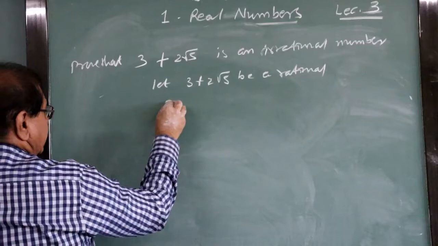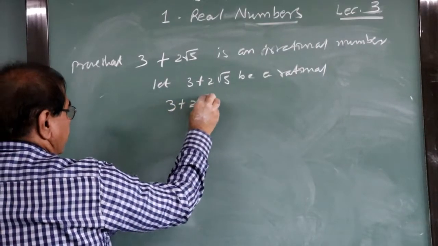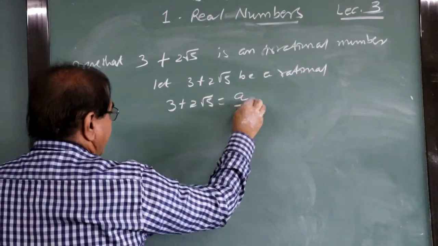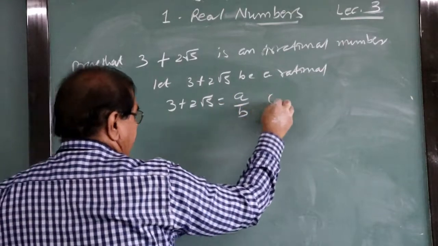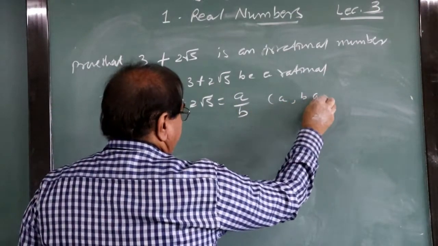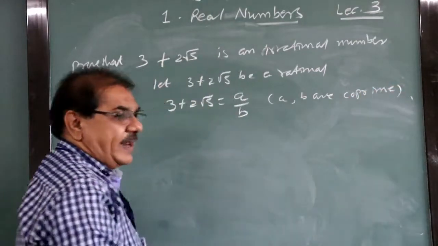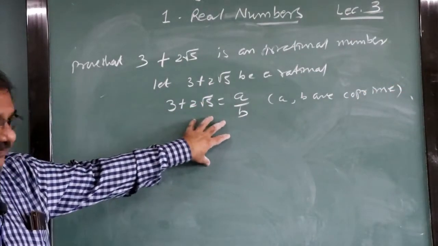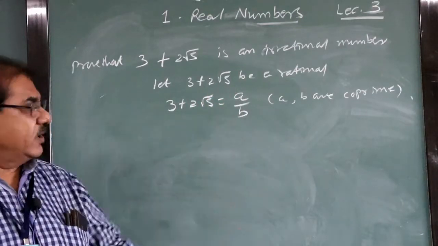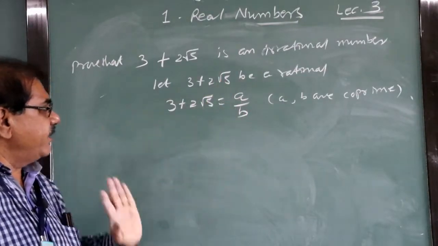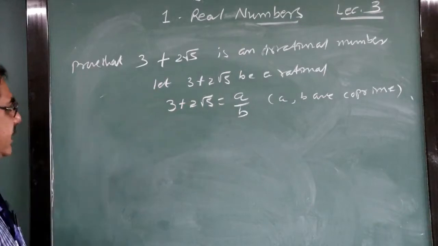That means 3 plus 2 root 5 is equal to a upon b, with a and b co-prime. Co-prime means they don't have any common factor. It is our assumption that a and b should not have any common factor, such that a upon b is the type of rational number.